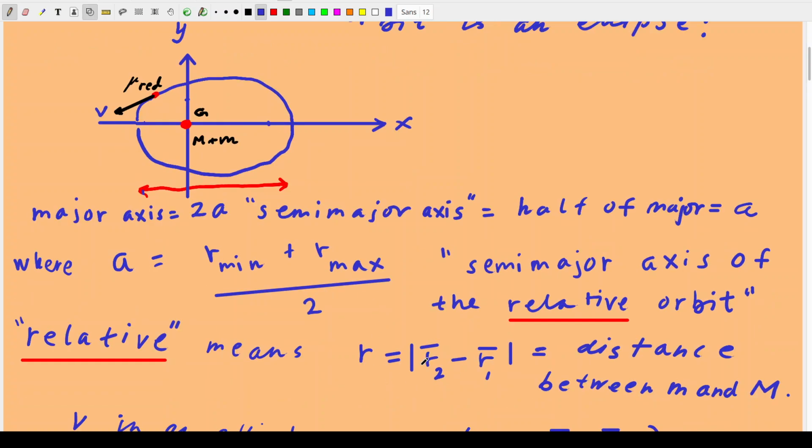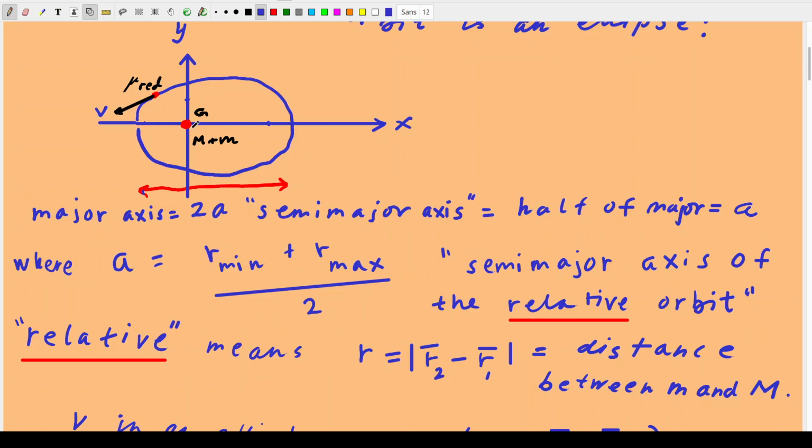It's given here from the original problem. There are two distances, but as you can see, it's just the distance between particle 1 and particle 2, or if you like, between m and capital M. So that's still the distance between the two particles.